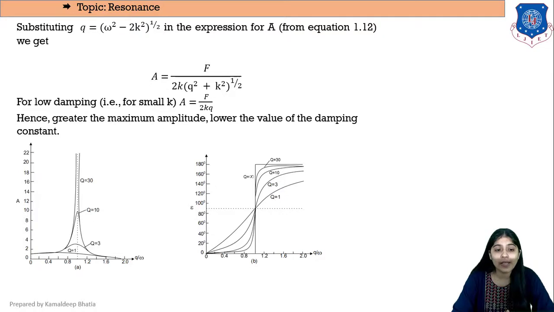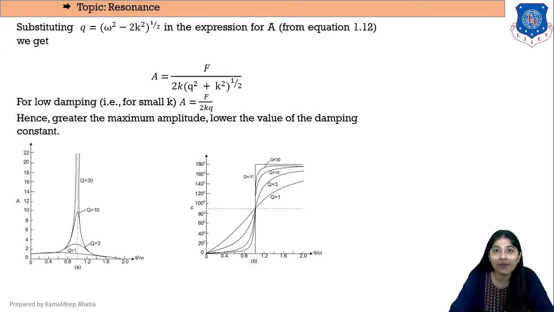Also, as you can see from this diagram, the variation of amplitude with k by omega and the value of epsilon, that is phase, with k by omega is given also. And you can see there is a factor Q. This Q is known as quality factor. This quality factor is an important parameter that characterizes an underdamped motion, or an underdamped oscillator.